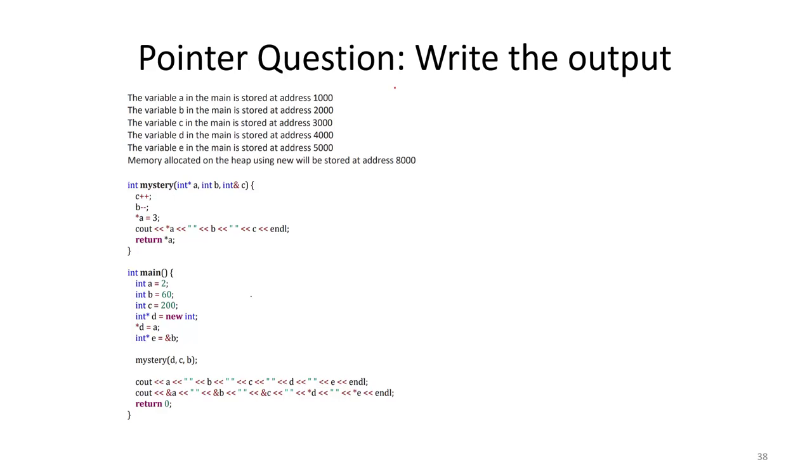So when tracking memory, I like to use the pictures like this. If I have a variable, I would write the variable's name, and then I draw a box. On top of the box, I write the variable's address, or the variable's memory address.